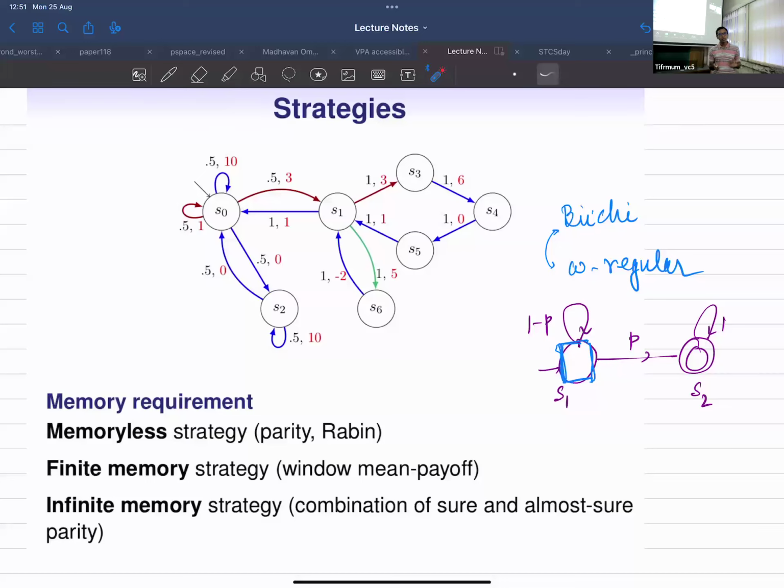So if you talk about a combination of sure and almost sure parity, for example, I want a policy which will surely satisfy, I did not talk about what the parity condition is, but you can think of it as a more general condition; I have talked about Büchi, which is repeated reachability.